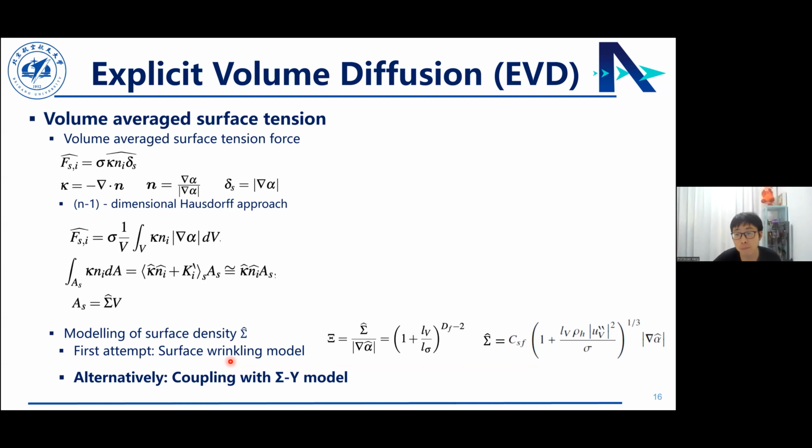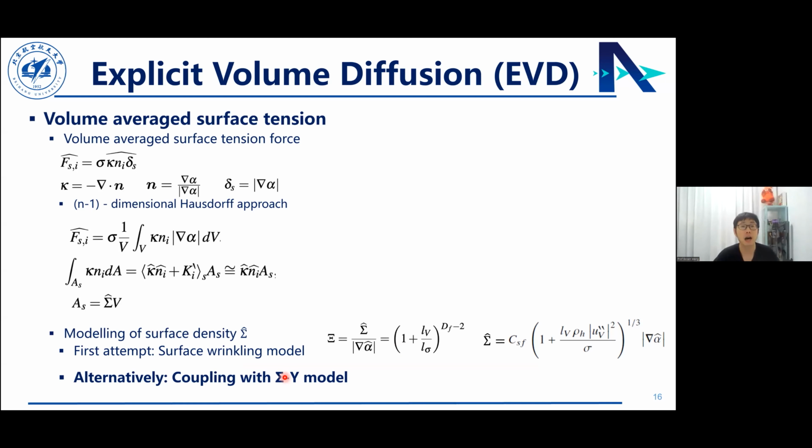But at the same time, this is an algebraic model. Alternatively, we can couple the sigma-Y model, where a surface density transport equation is solved. We transport the surface density, and then couple it to the surface tension force.